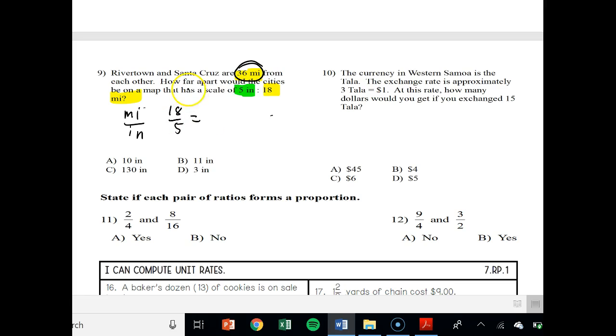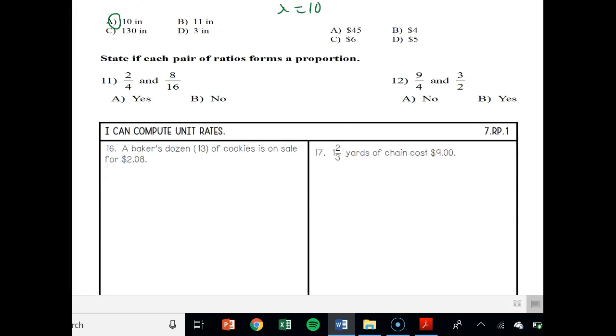So miles goes on top with miles, 36 right here, over x, right? So we'll do 18 times x, which is 18x, equals 5 times 36, which is 180. And then divide by 18, and x equals 10. Okay.